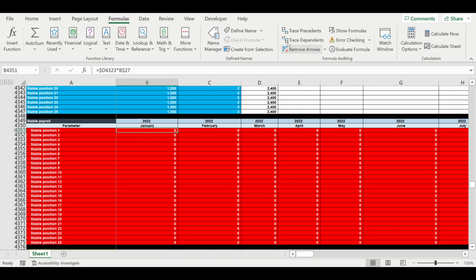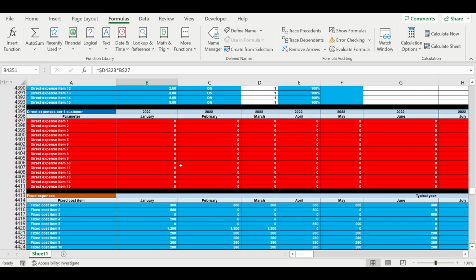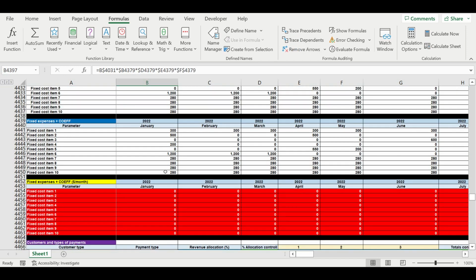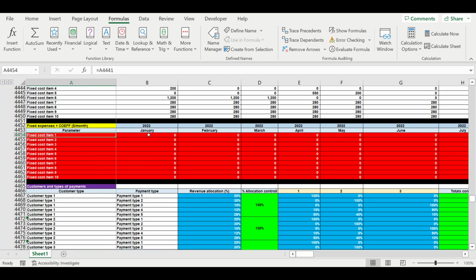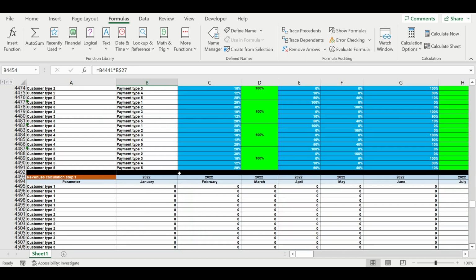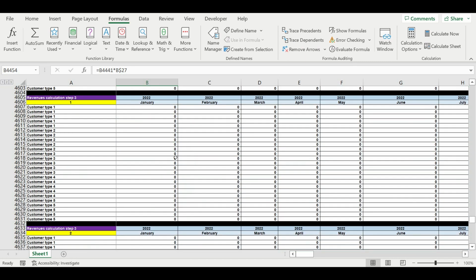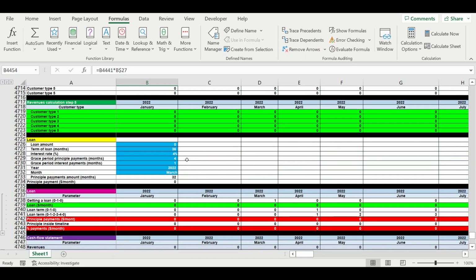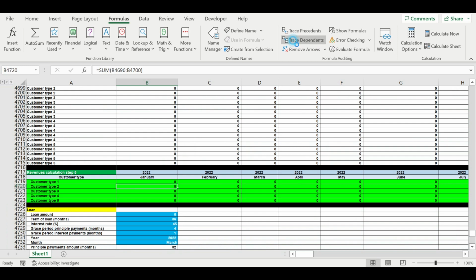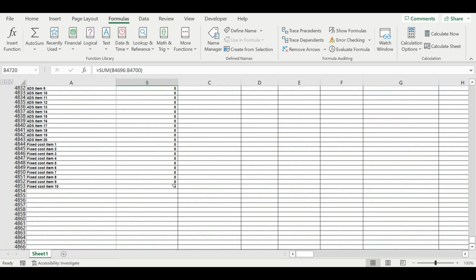Stable payroll participates also. Direct expenses per one customer, participates. Then fixed expenses participate. Revenues, Trace Dependencies, participate.